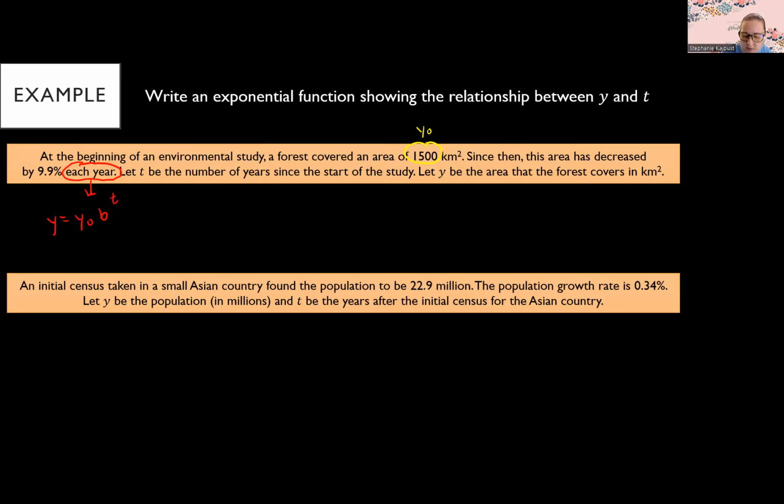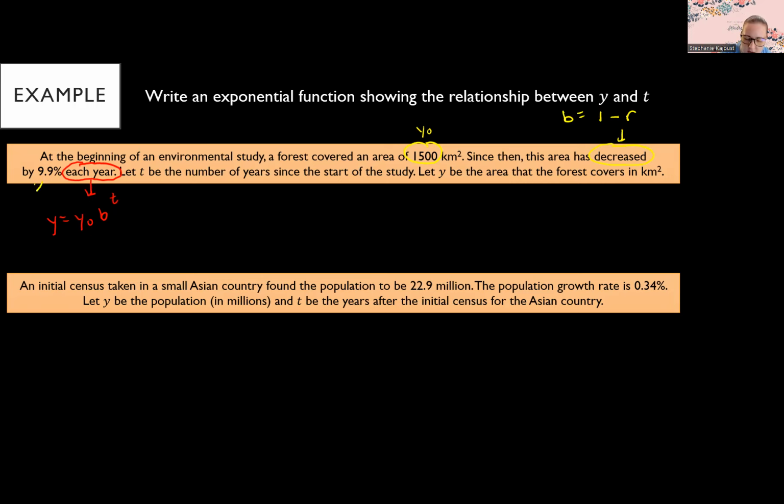We are given a percent, it's decreasing, so it's going to be 1 minus R for B, because if you're decreasing, it's going to get smaller. So that's where we get the word decreased.